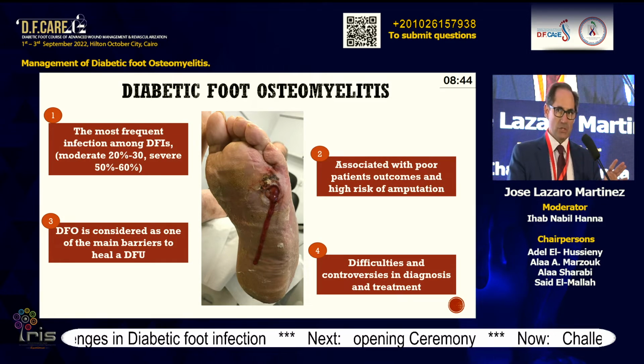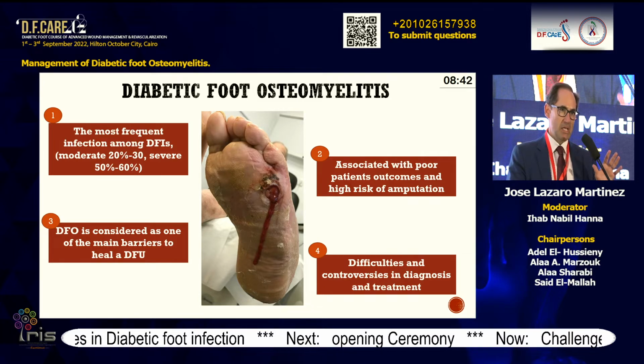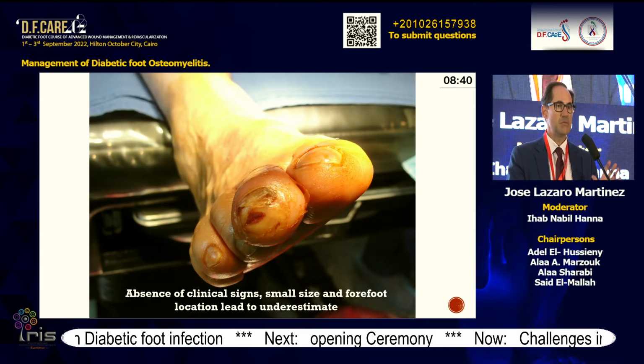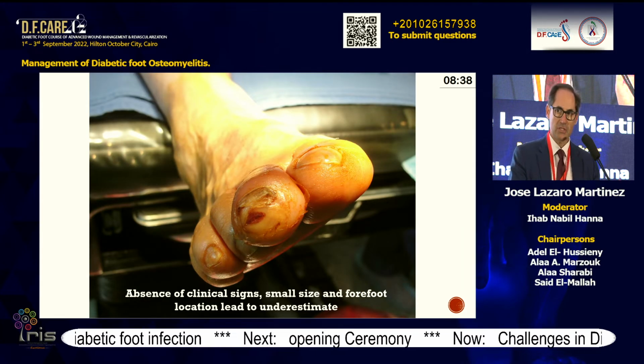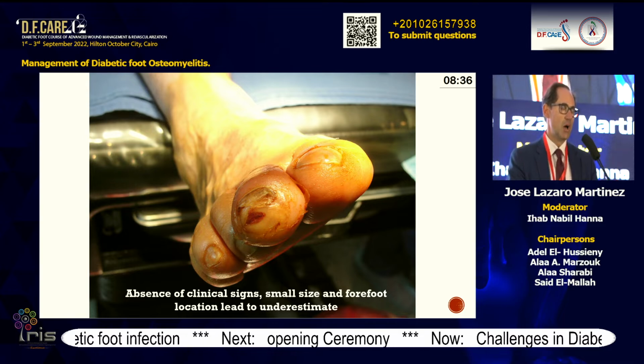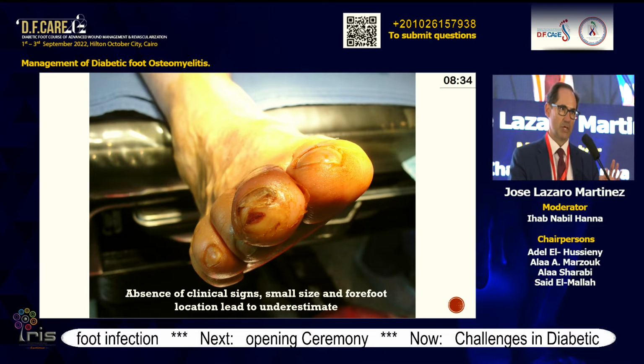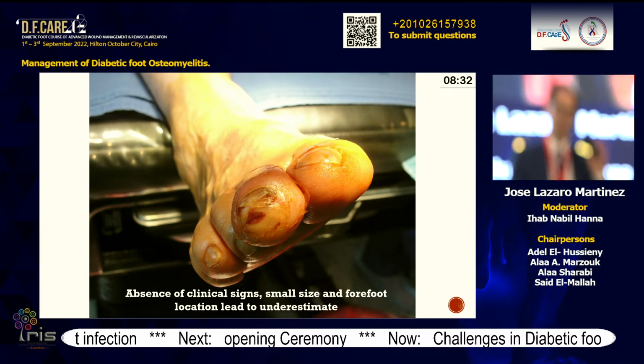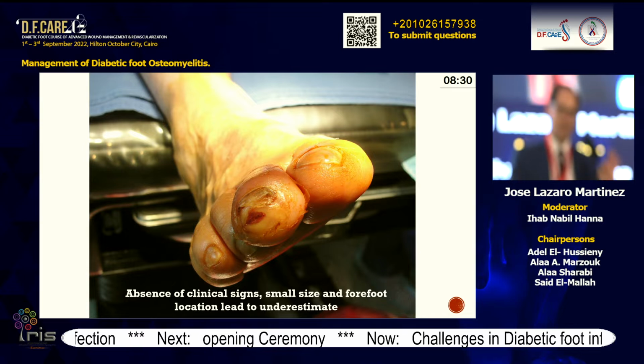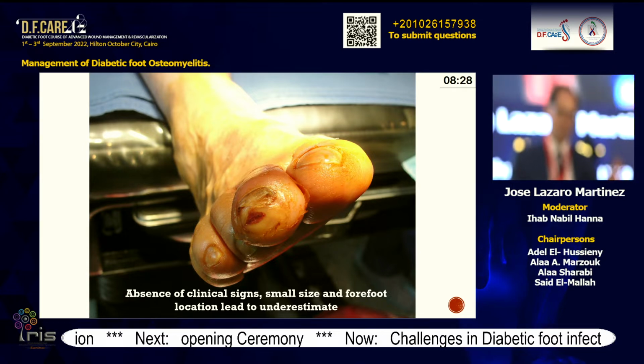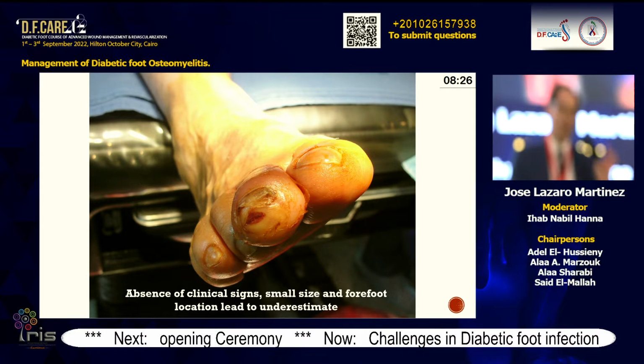My presentation is not focusing especially on diagnosis, but I think it's very important to spend only 30 seconds to remind you about the diagnosis of diabetic foot osteomyelitis, and especially look at this picture. This patient suffers from osteomyelitis. Probably it's not a medical urgency.